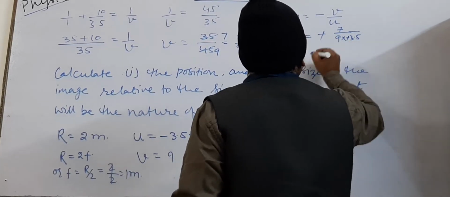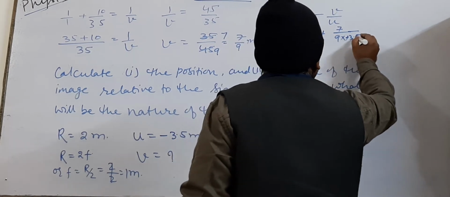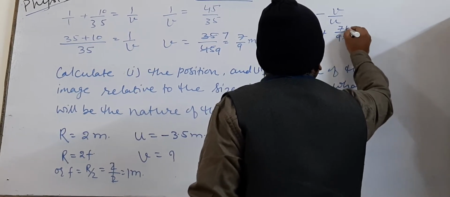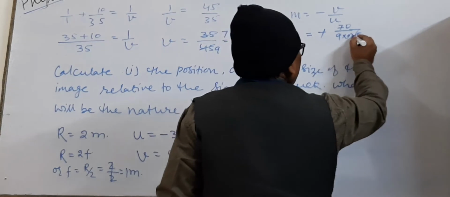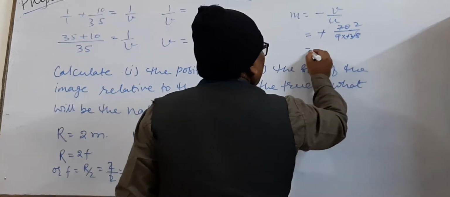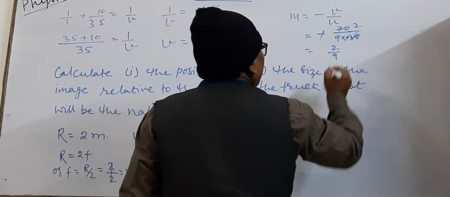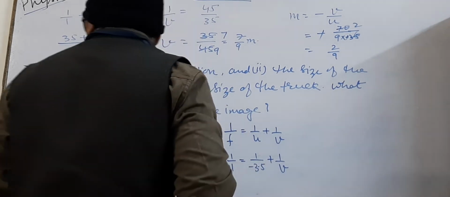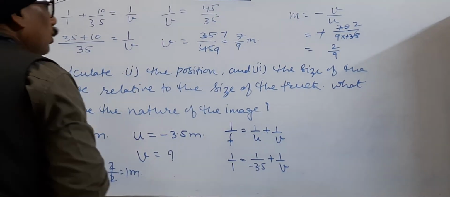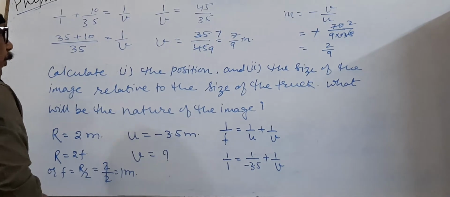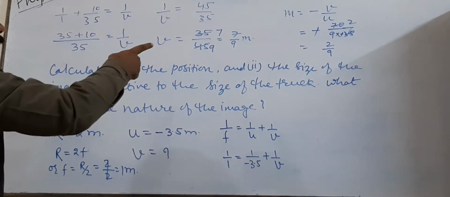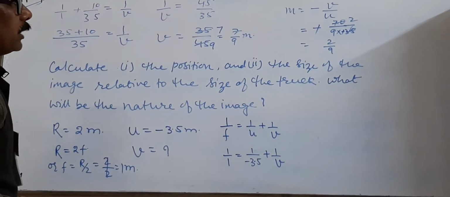This minus is cancelled. Here put 0, 35 twos are 70, so this becomes 2/9. Magnification is 2/9. Magnification is also coming in positive sign.